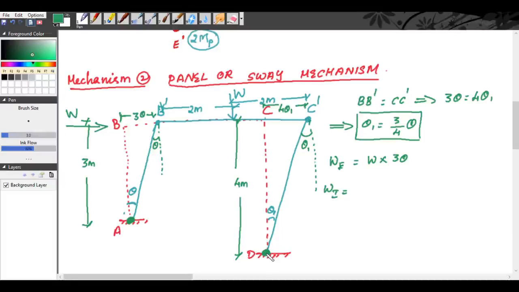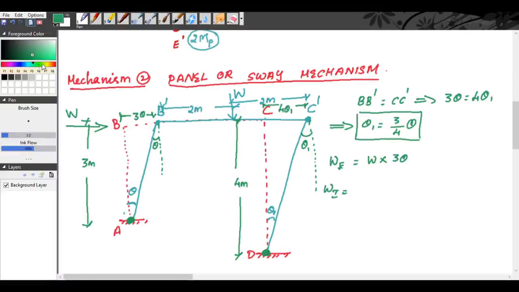See, if D is a hinged joint or simple support, there will not be a plastic hinge at D, as we did in the previous problems. But in this problem, both A and D are fixed support. So if A and D are fixed supports, there will be plastic hinge at A as well as at D.